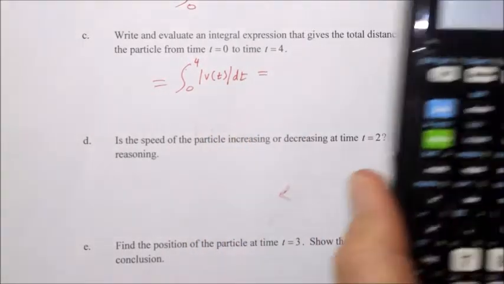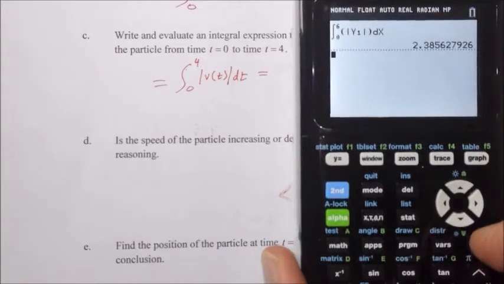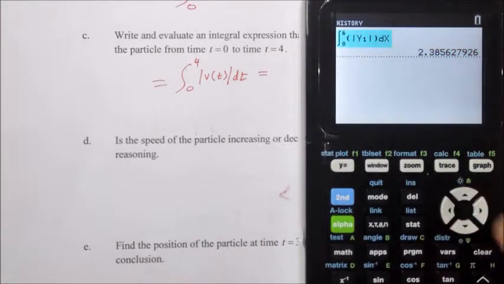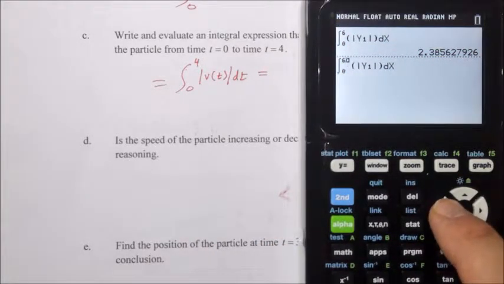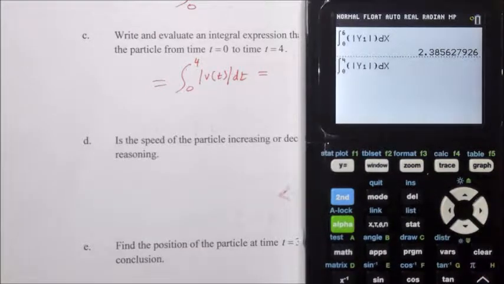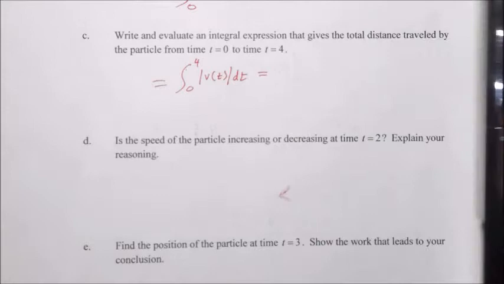If we go back, we're just going to change our bounds from 0 to 4. That'll think for a little bit as well. And we see 1.941.